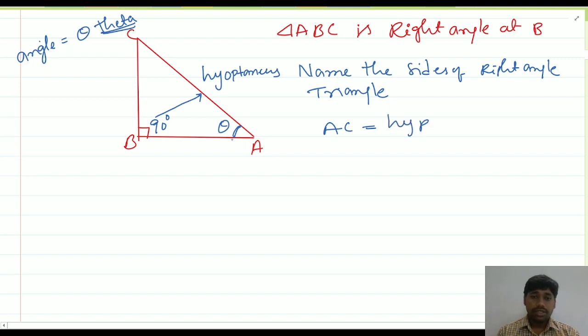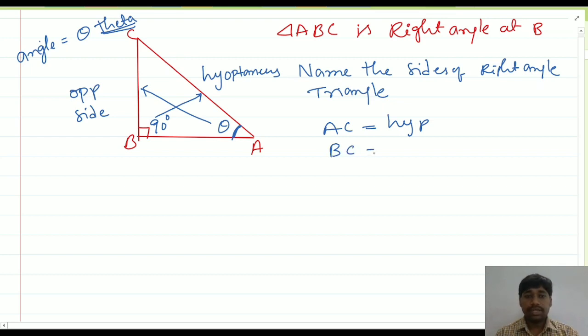Next, the side which is opposite to the angle is called the opposite side. In this case, particularly, BC is called the opposite side.